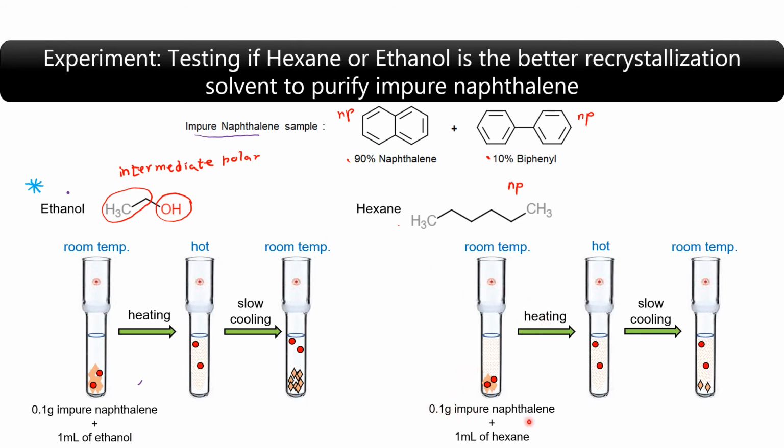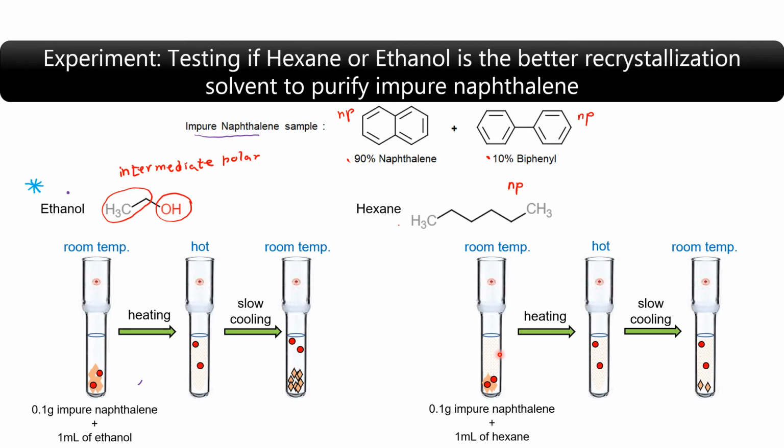We measure 0.1 grams of impure naphthalene and add 1 ml of hexane. So at room temperature, if we look at them, naphthalene is not going to be soluble in ethanol. So these red particles are, we'll assume, the impurity biphenyl that's trapped in the naphthalene crystals.